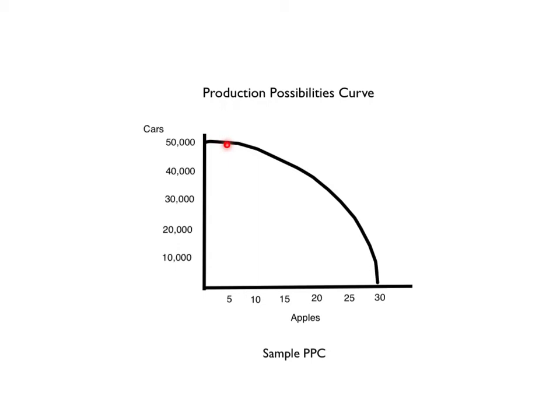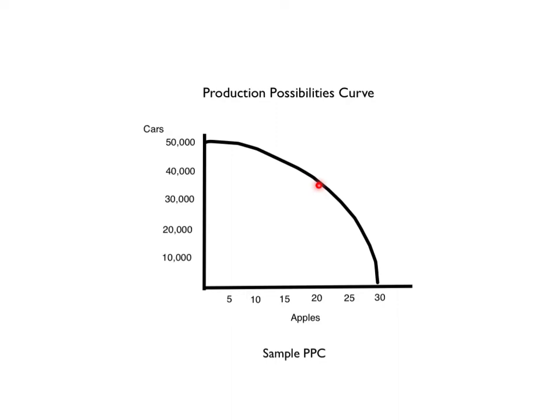And the only way to get that second group of 5 million apples, so to go from 5 to 10, we have to give up another, I don't know, maybe 3,000 cars, and then another 5,000, and then another, and so on, another, I don't know, 8,000. So we have to make trade-offs. There's an opportunity cost whenever we want more of one thing. If we want more apples, we're going to have to give up some cars. If we want more cars, we're going to have to give up some apples. So it shows us trade-offs and opportunity costs.